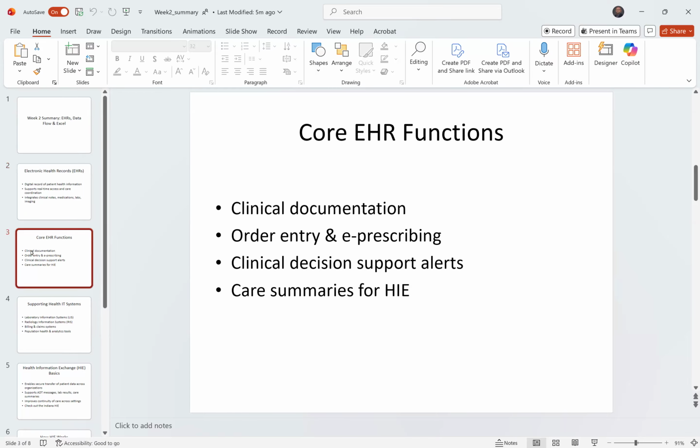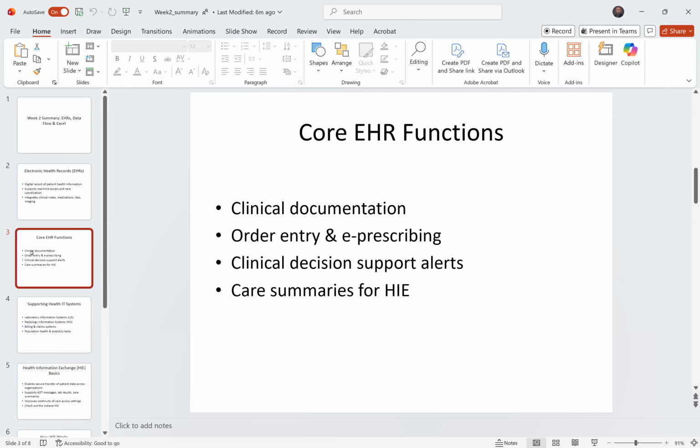The core functions of the EHR, number one is always a storage site, but it really has three main areas. Clinical documentation. So, documentation by all kinds of clinicians, from the nurses who are taking care of patients at the bedside to a pharmacist, all kinds of things.